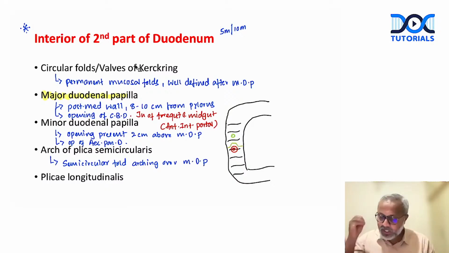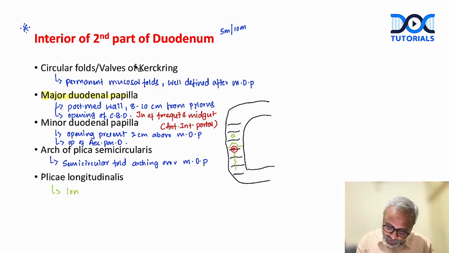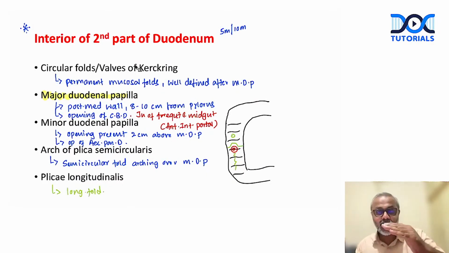This is the plicae semicircularis. Coming from the major duodenal papilla but running downwards is the plicae longitudinalis, which is a longitudinal fold, extending towards the third part of the duodenum. This is how we should describe the interior of the second part of the duodenum.